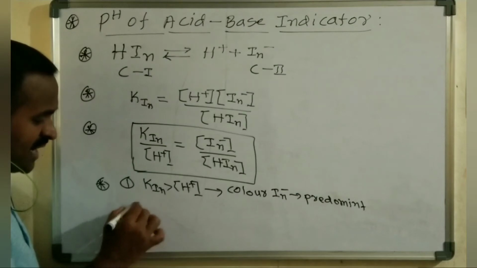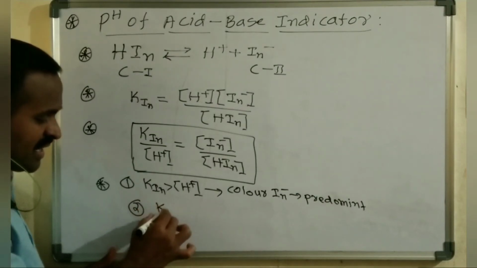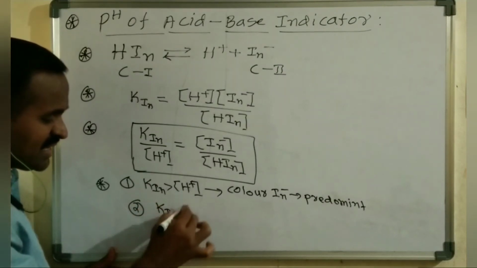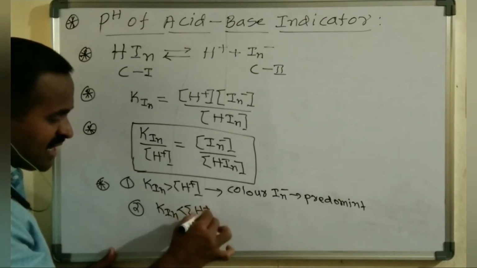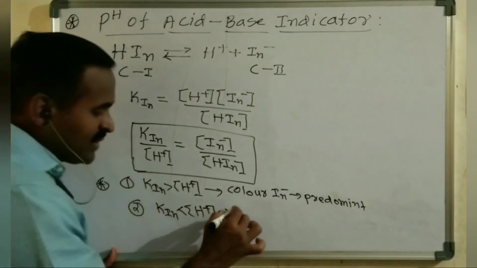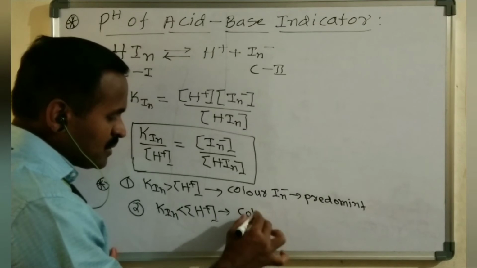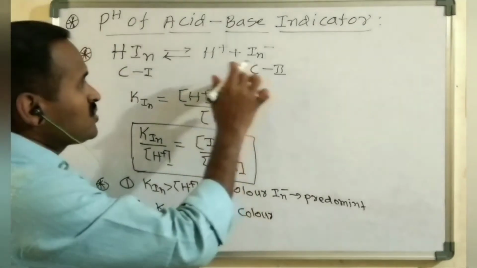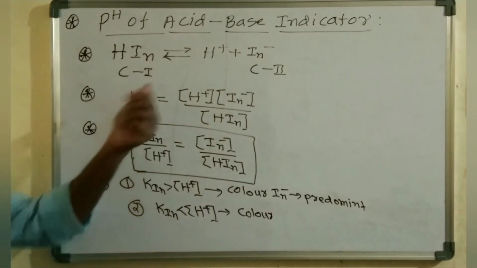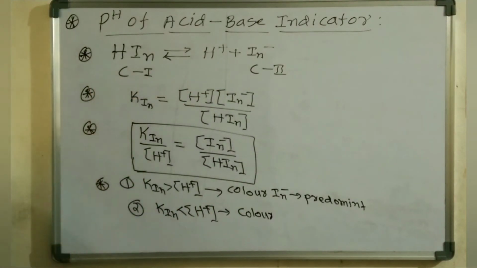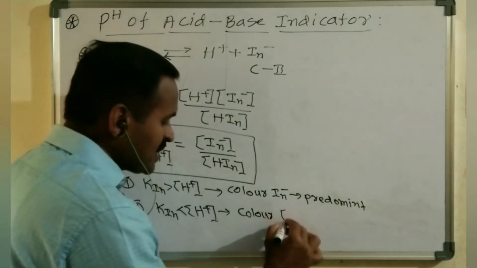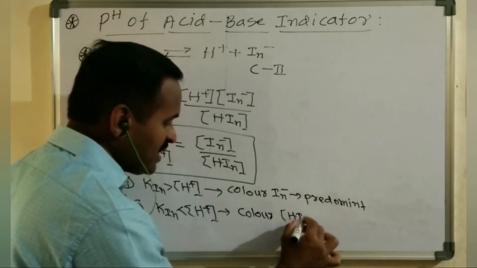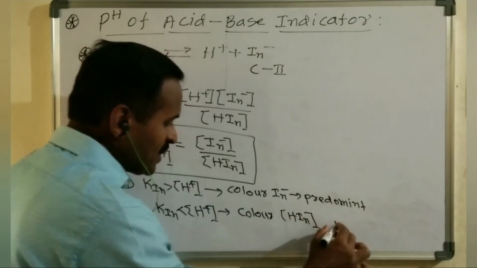Whereas the second case is that the KIn value is lesser than the H plus ion concentration. So that means the KIn value is lesser than this H plus ion concentration. So the color of HIn is going to be predominant, right?